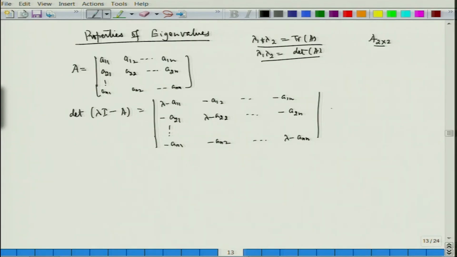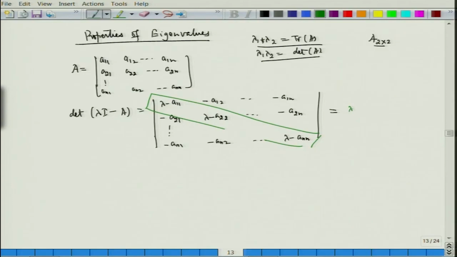What we know is that this is a polynomial. So, look at the main diagonal here. Lambda appears n times and therefore, it is a polynomial in lambda of degree n. That we had said earlier also. I did not do it, I just made a statement. So, if I look at this, it corresponds to looking at lambda minus A11 times up to lambda minus ANN plus n factorial minus 1 more terms.